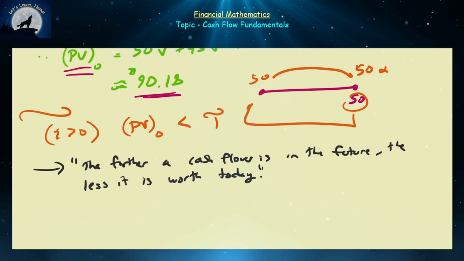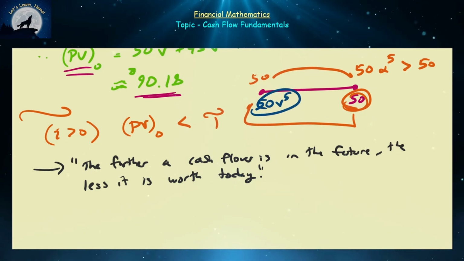If it's 5 years and we accumulate interest annually, then that would be alpha to the power of 5, which is obviously strictly greater than 1. So this 50 is actually worth a lot less today, because what would that be today? That would just be 50 times nu to the power of 5, which obviously is less than 50. So that's the conceptual perspective of present value, and also in comparison to future value.